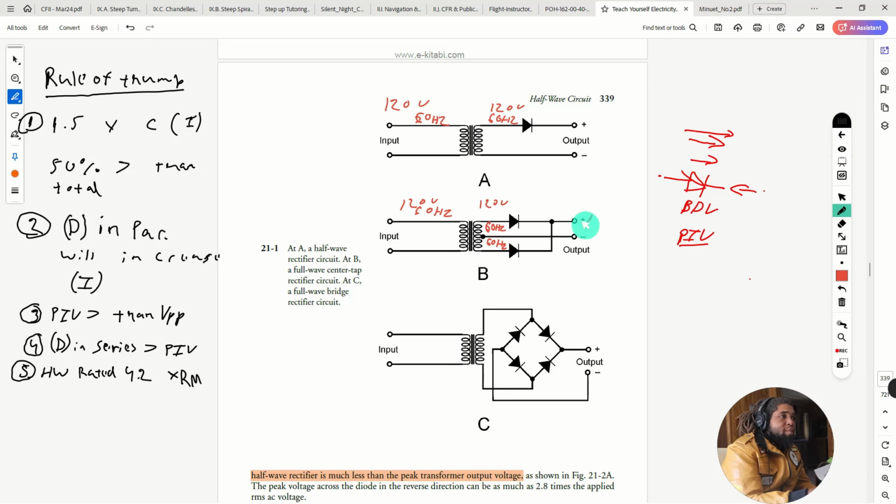Because these two are going to be combined at the end, you'll have 120 hertz here, which in turn makes it easier to filter.